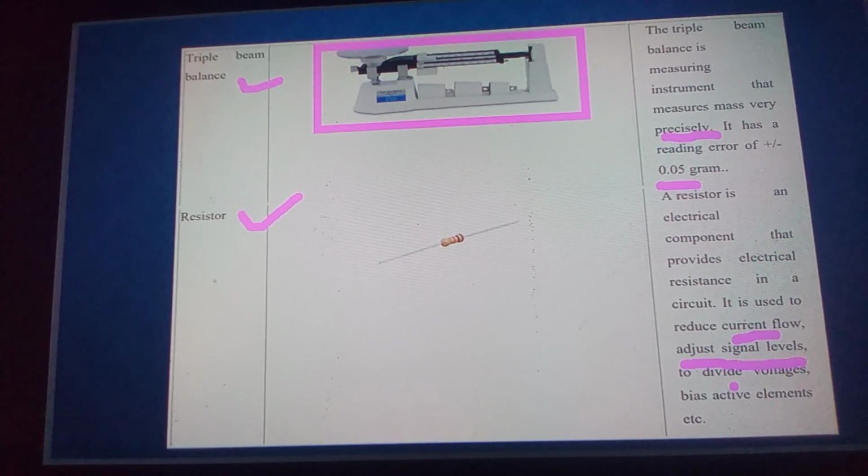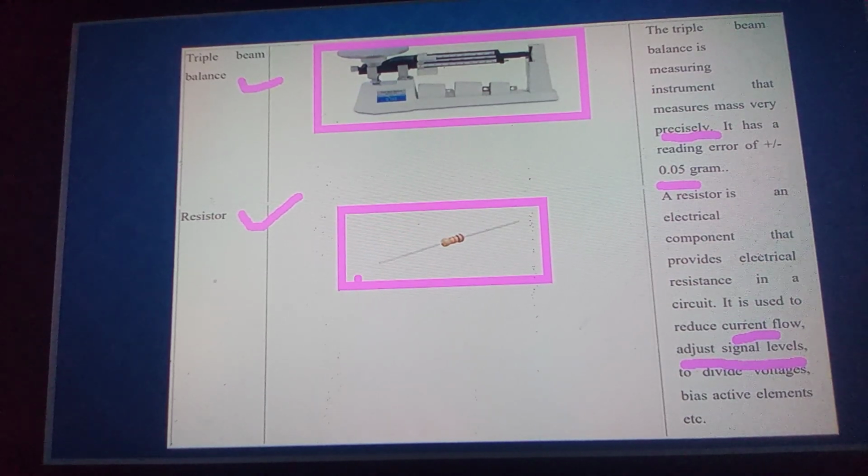So these are the uses of resistor. Even we can say it can bias active elements. So it is very important to reduce the flow of the current in the electric circuit. So this is a resistor. You can observe it clearly now. Let us continue.